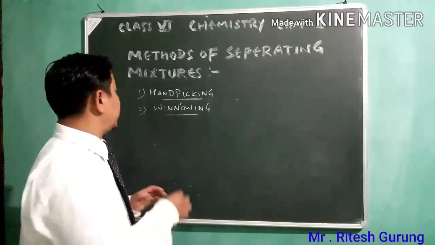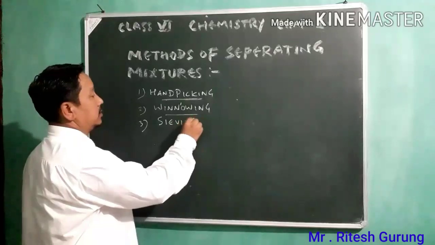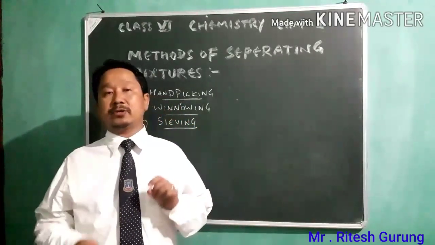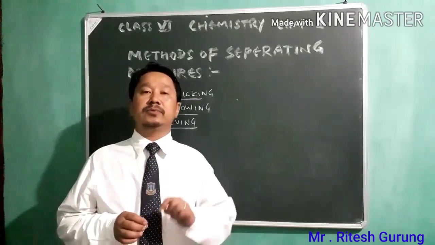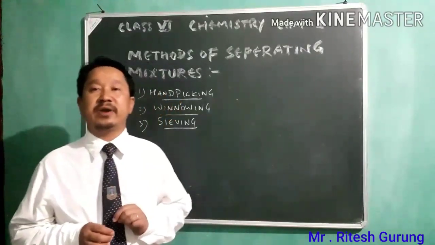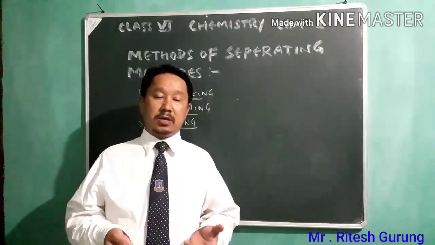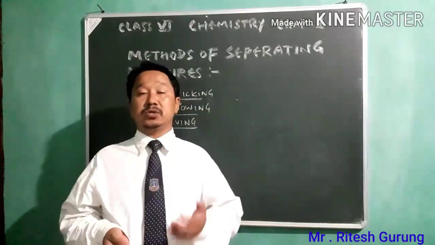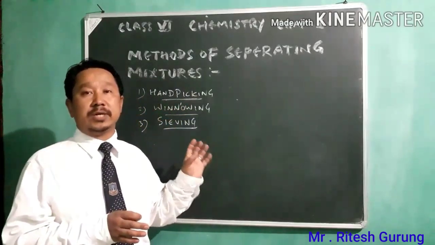Then third one we have sieving. This sieving is used if the components of the mixture are of different sizes. If the sizes are different, this sieving method is used.